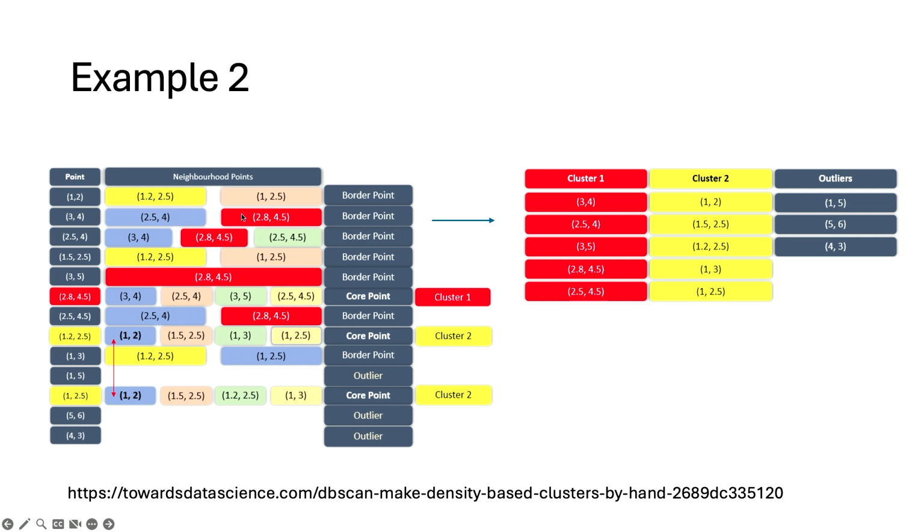Now we have new labels, called border points, based on distance, and there are core points. The yellow ones are then divided as cluster 2, and the red ones are considered cluster 1. There are a few data points considered outliers.